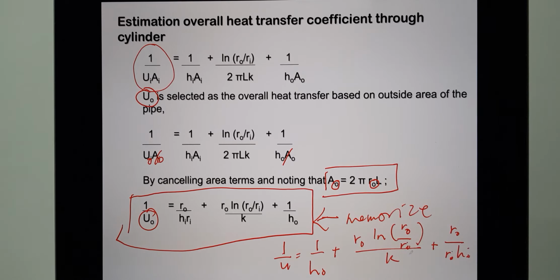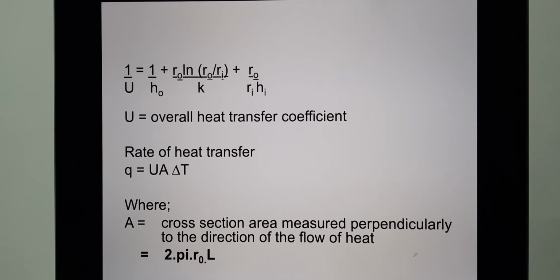You don't have to struggle with how to memorize; you just need to keep on writing it: 1/h_0 plus R_0 ln(R_0/R_i)/k plus R_0/(R_i h_i). Try to write this many times so that your body has its own memory to write down this equation. This is the equation I mentioned that you need to memorize.